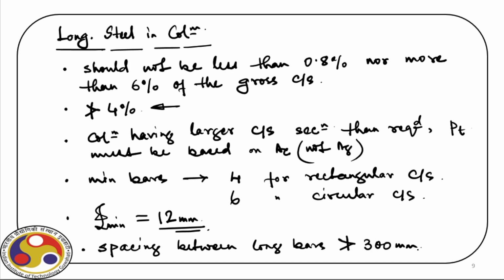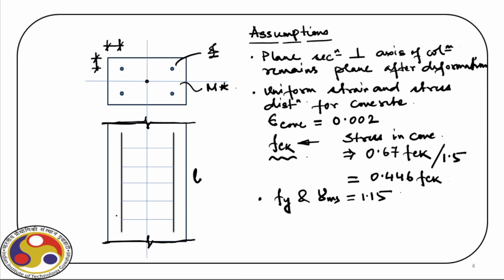Recall, in case of beam also we had this requirement for spacing. Here for column, two bars should not be more than 300 millimeter apart. These are the longitudinal bars. As you can see, here we have two bars, and the distance between two bars should not be more than 300 millimeter.